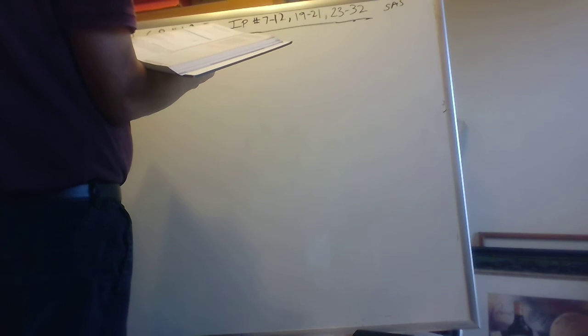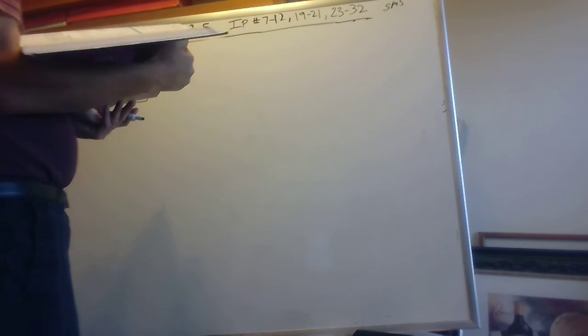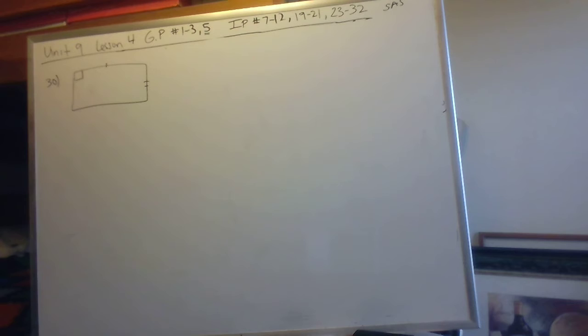So it says classify each quadrilateral. So if we look at number 30, we can tell what kind of shape it is, not because of the way it's drawn, but because we have a congruent leg that's congruent to the opposite leg, and another congruent leg that's opposite to the other congruent part, and then we have a right angle.